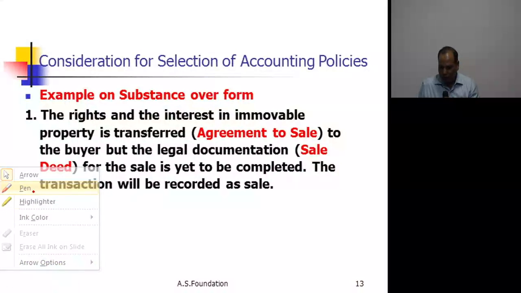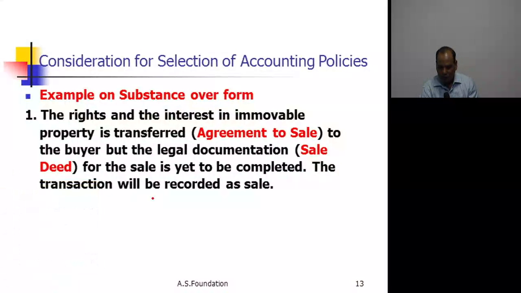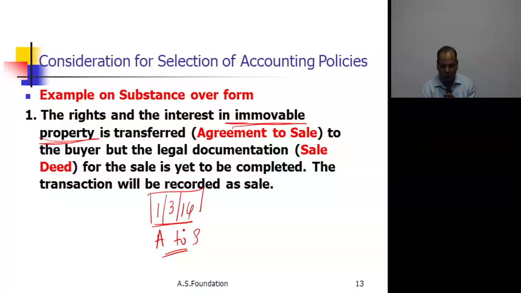Now those who have not understood, when an immovable property, that is land or building, is transferred on 1st March 2014, the agreement to sale has been done, signed. Actual legal ownership is transferred when the sale deed is registered, which took place on 1st May 2014.